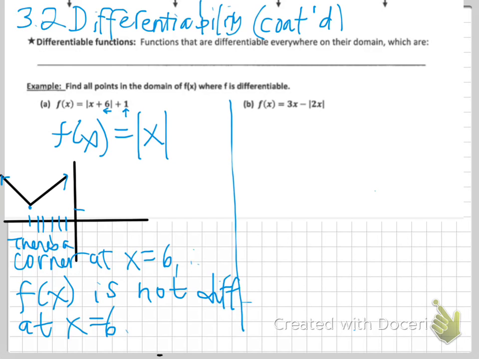And because of my messy writing, I'm not going to take the time to write it, but you would then conclude to answer the question, f of x is differentiable on all real numbers, negative infinity to positive infinity, except at x equals 6. Or you could write it in this notation, right? Differentiable from negative infinity to 6 and 6 to positive infinity.